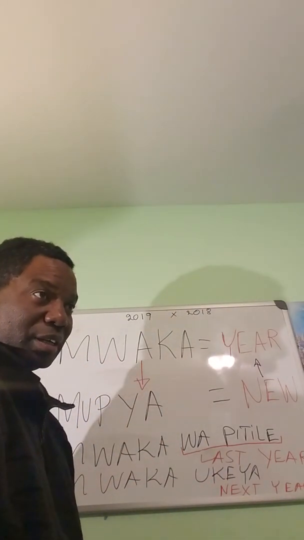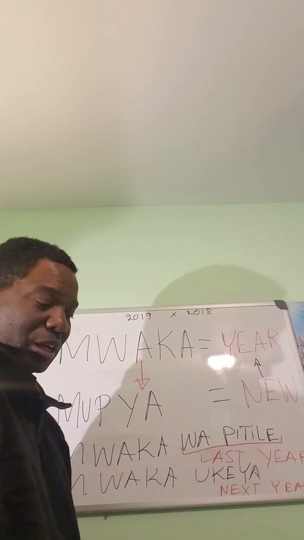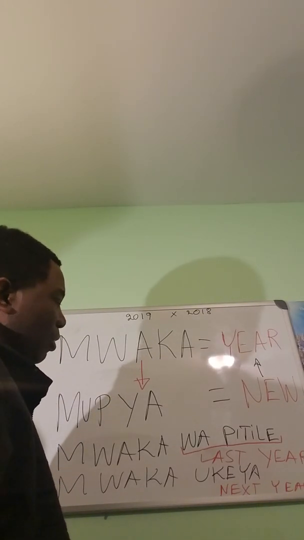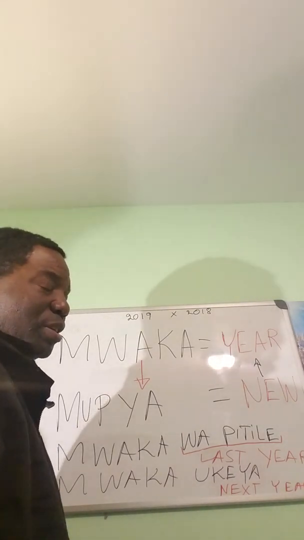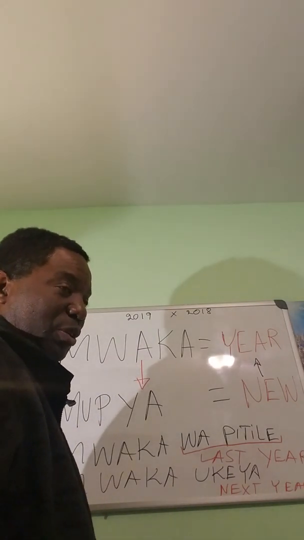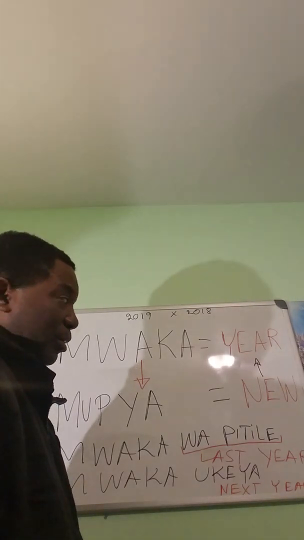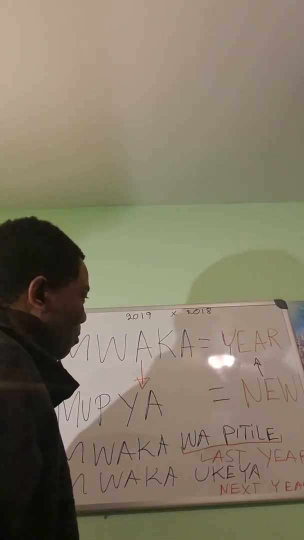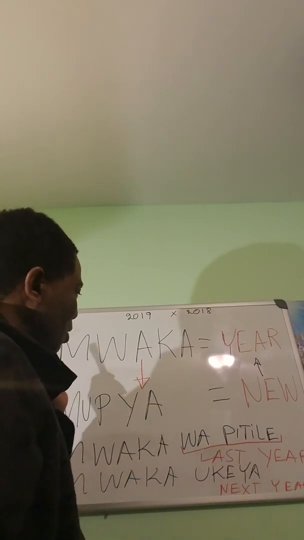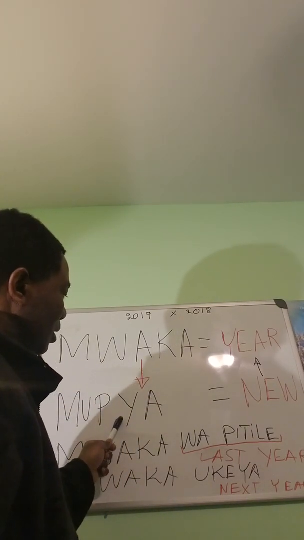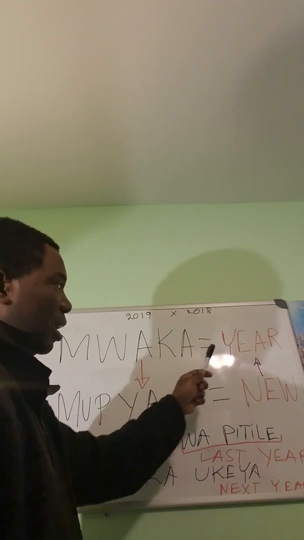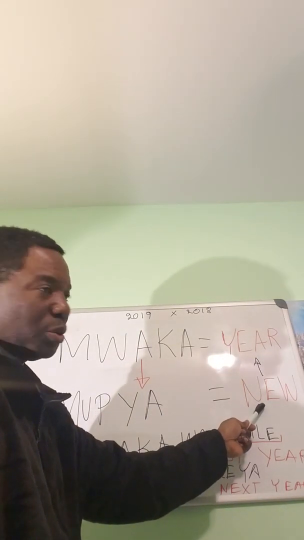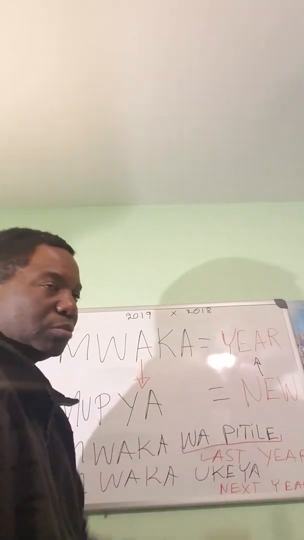In Kiluba the noun comes first, Mwaka, then the adjective Mupya. In English, we start with the adjective, new, and then the year.